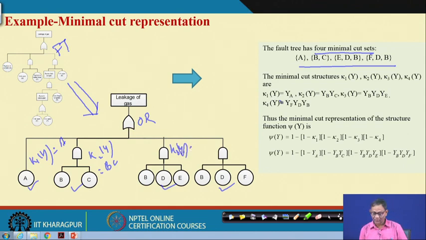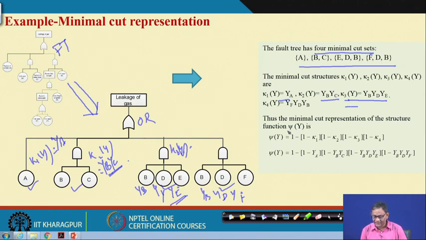So, k1y is YA, k2y is YB YC, k3y is YB, YD and YE. We are using the indicator variables, so I will not write B and C, we will write the multiplication of the indicator variables. So, this one is YB, YD and YF.